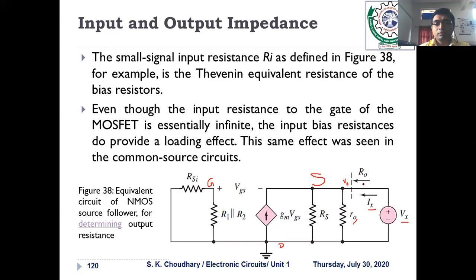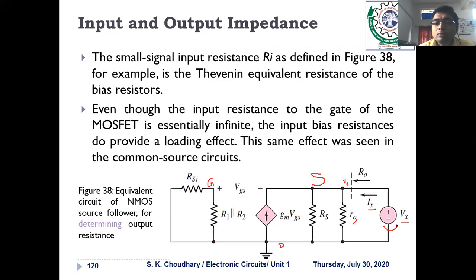This circuit is similar to the one we drew as the small signal equivalent circuit in the last lecture. The only difference is that we have replaced the input voltage source by a short circuit, and we have connected a test voltage source at the output terminal.